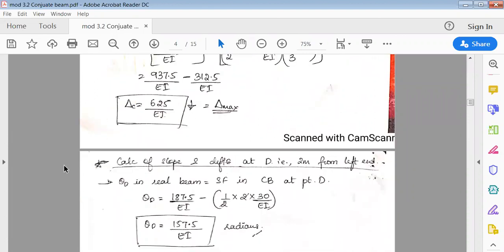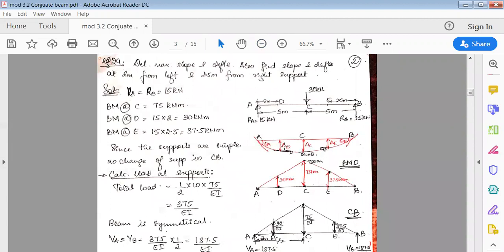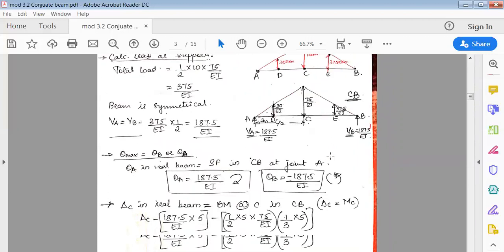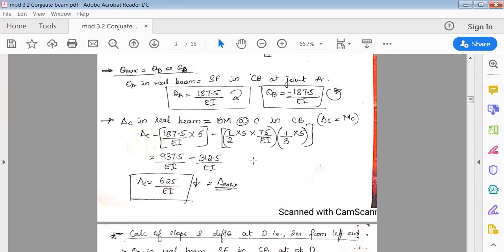Next thing, they've asked us to also calculate the deflection at 2 meter from the left end. So 2 meter from the left end is delta D and theta D, and theta E and delta E. The first thing is to calculate the slope and deflection at D, that is at 2 meter from the left end.